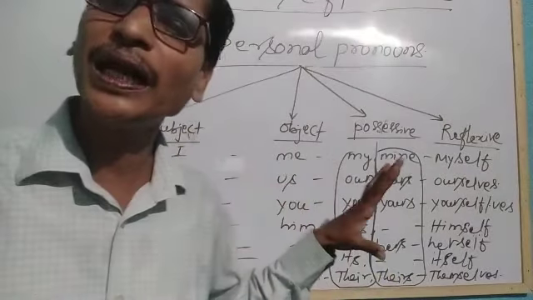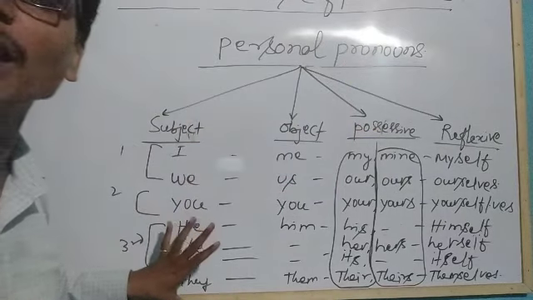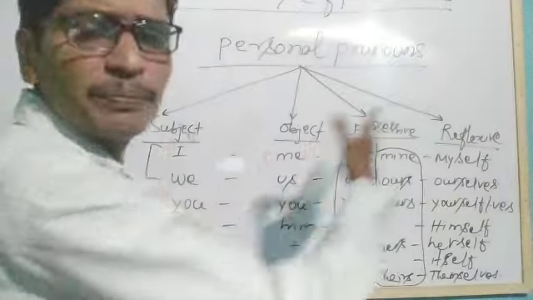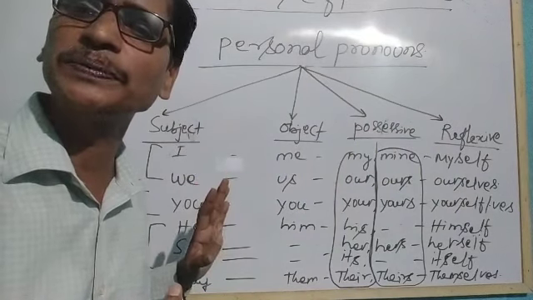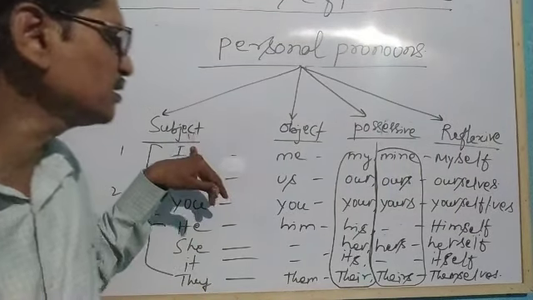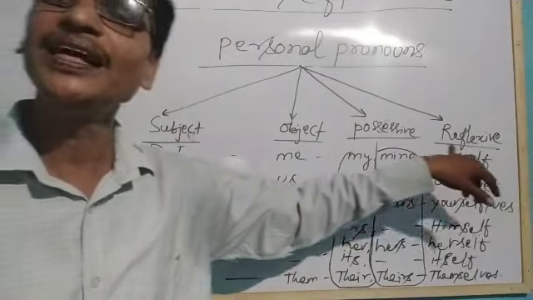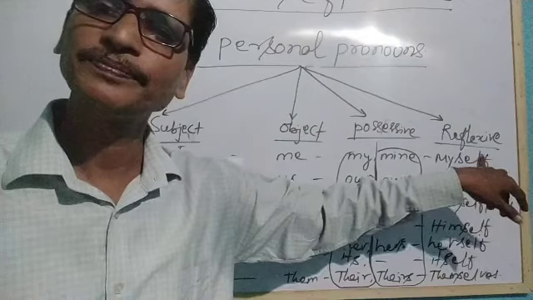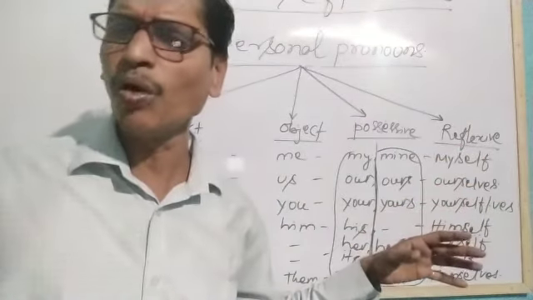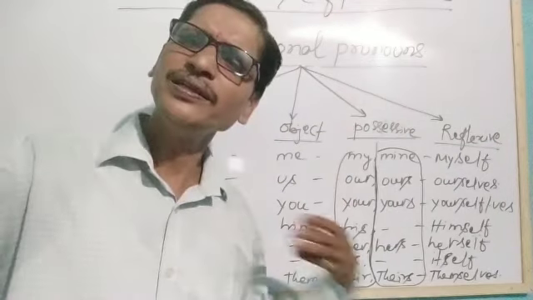So, today we understood what a personal pronoun is, what those personal pronouns are, and how they are used in our speech and writing. We understood they are used as subjects, as objects, as possessives as well as reflexives. I can write this homework myself. You can do this work yourself.